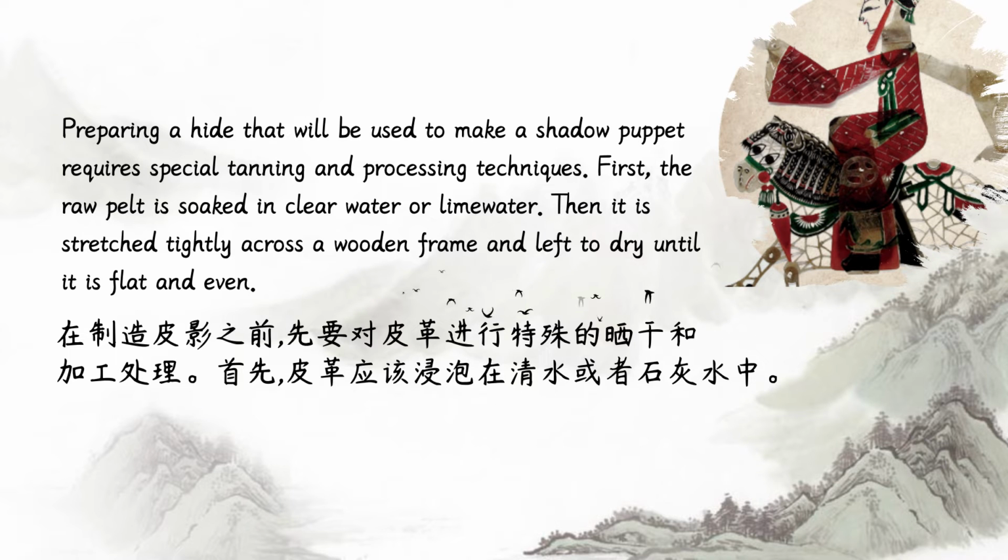Then, it is stretched tightly across a wooden frame and left to dry until it is flat and even. The hair and the remaining flesh are scraped off, leaving a thin, translucent skin that makes an ideal raw material for creating a shadow puppet.